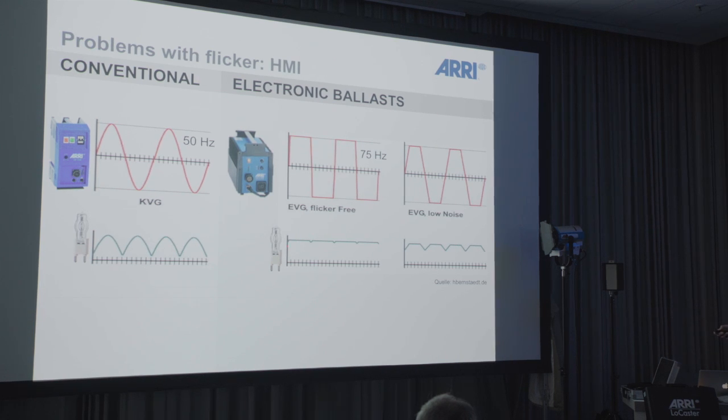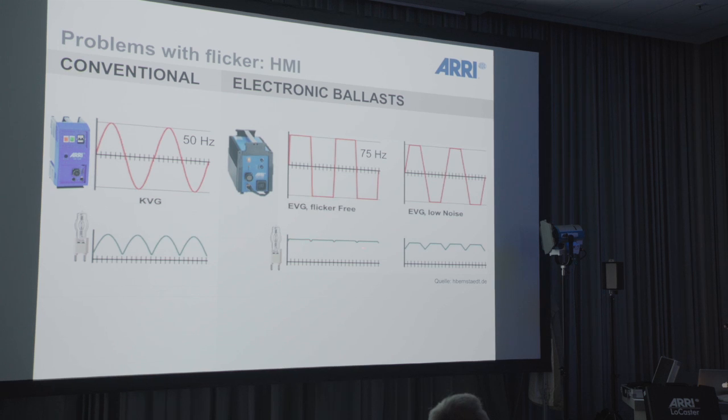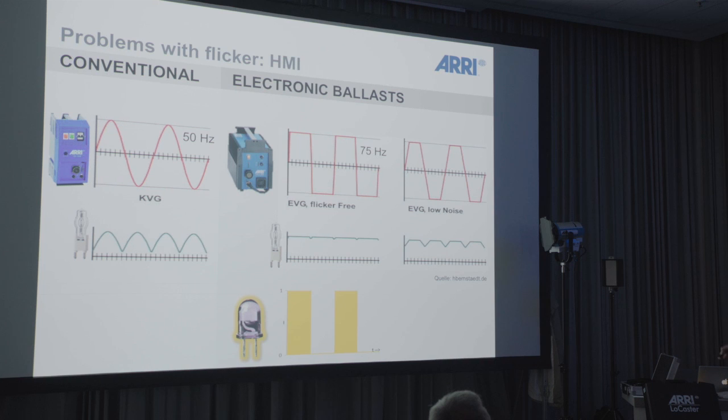So this is only a small dash in the light. I mean, we call them flicker-free, yeah, but honestly, there is still a little bit of flickering inside these units. But if you compare to LED, which is like this, of course, it's much better here.